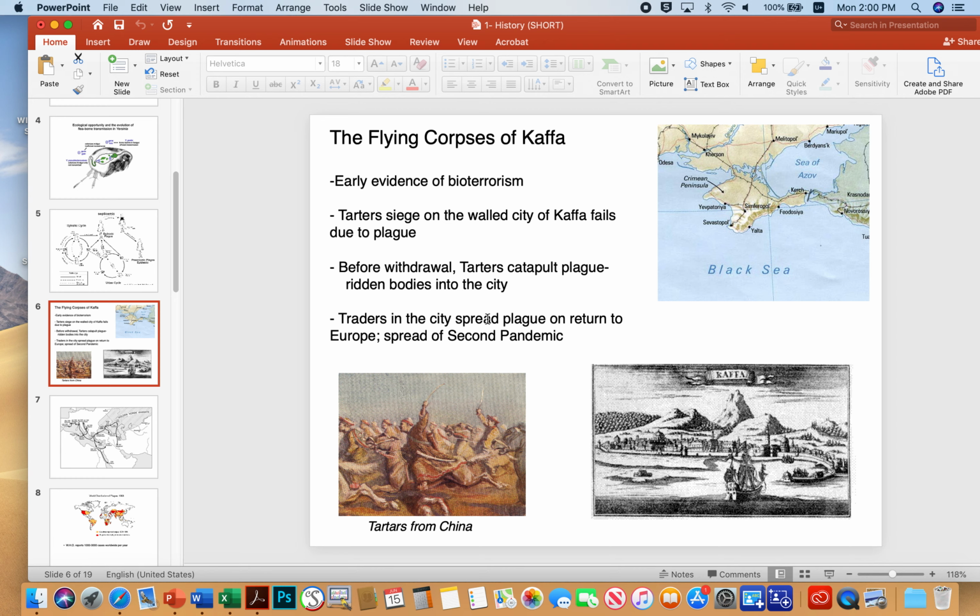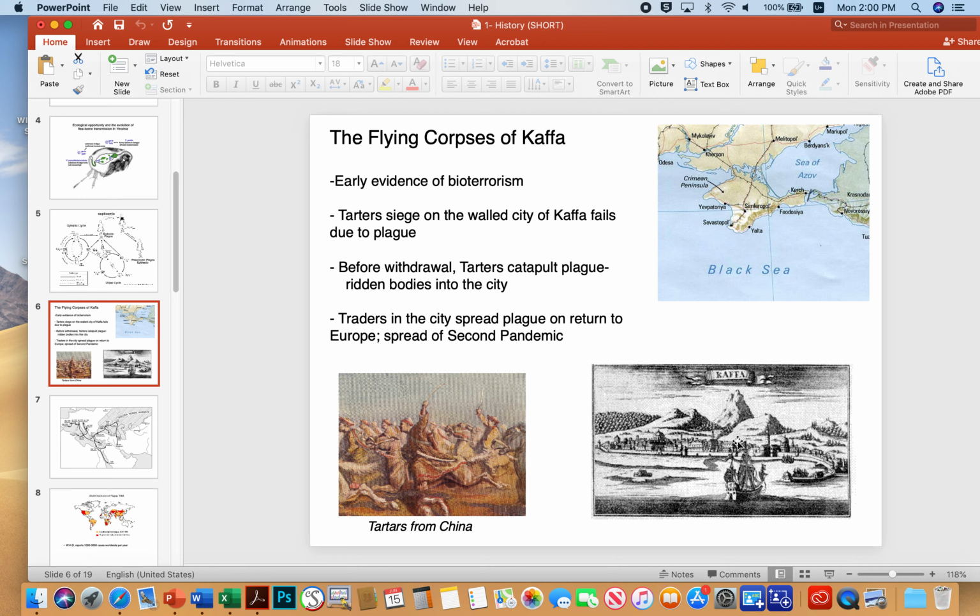And so obviously, being incapable of resolving the issues any other way, the Mongols came and laid siege to this walled city. And so here's a representation of the walled city. And it was sort of a stalemate, because the city was so fortified that the Mongols couldn't really breach the defenses. But what happened was the Mongols ended up having an outbreak of plague in their ranks, and thousands were dying. And so they decided to call off the siege.